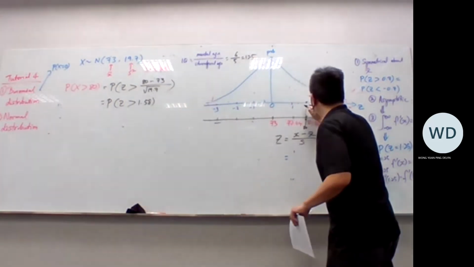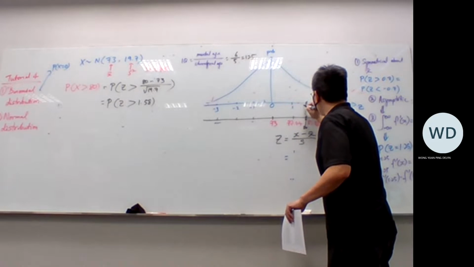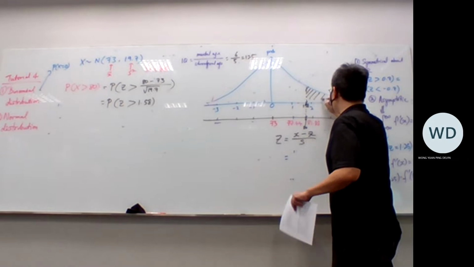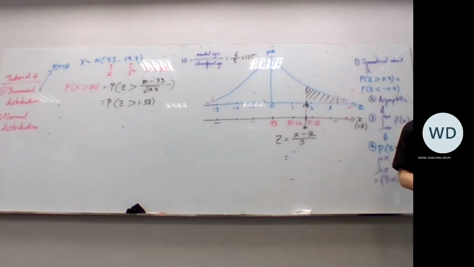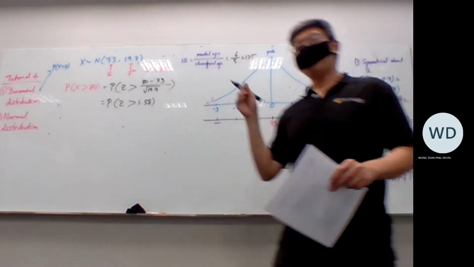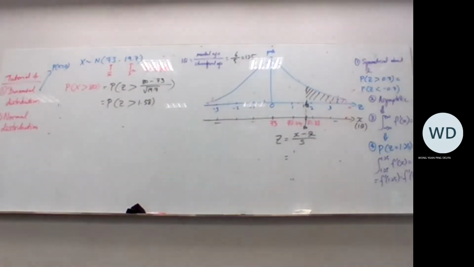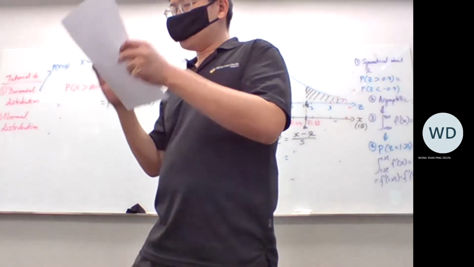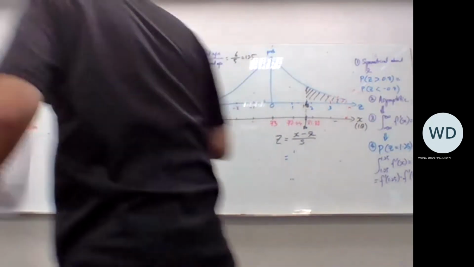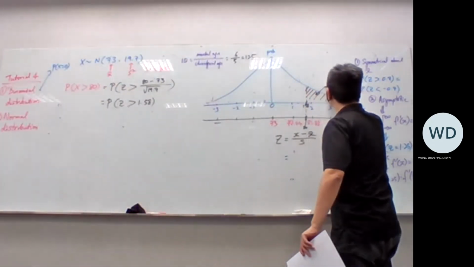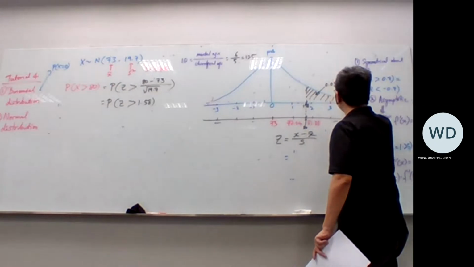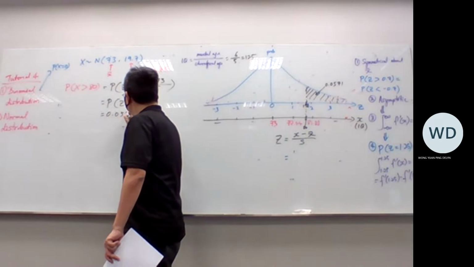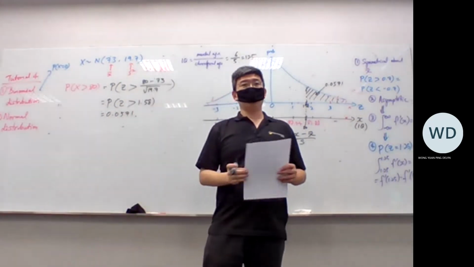So what is the area up here? You go to the table, find z equals 1.58, and it gives you 0.0571. Okay, that's it.